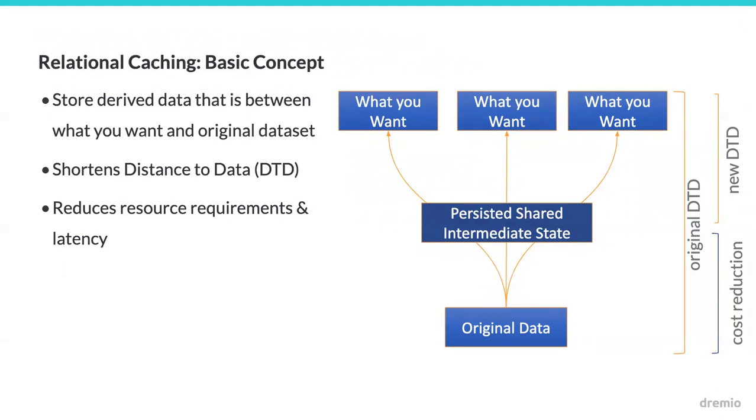The idea is that we can persist some intermediate state that maybe isn't exactly what you want in any case, but is much closer. Then when a user actually runs a query, the new distance to data is much shorter than it was originally. By doing this, we can satisfy a wide variety of queries with this cache. They will all be accelerated, and it will reduce resource requirements and latency.